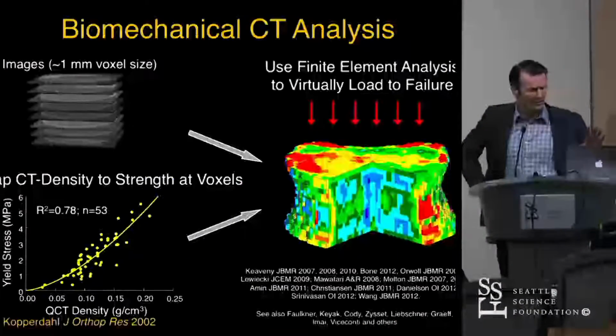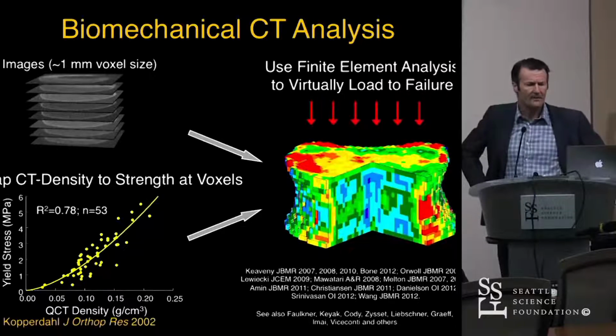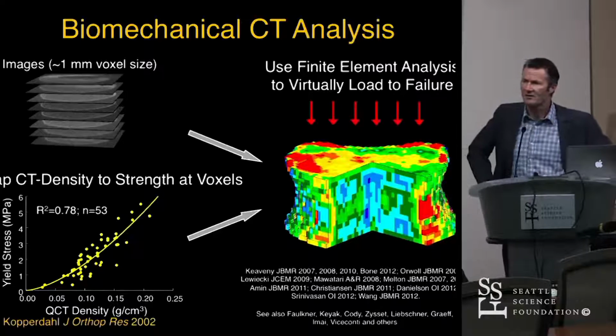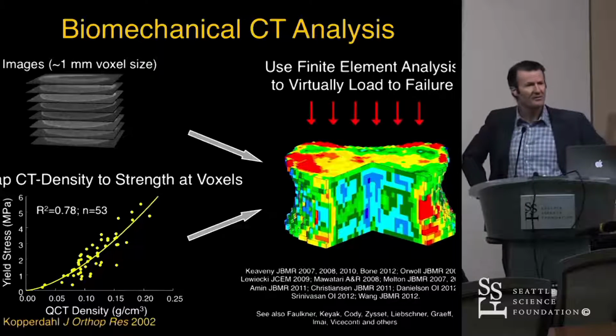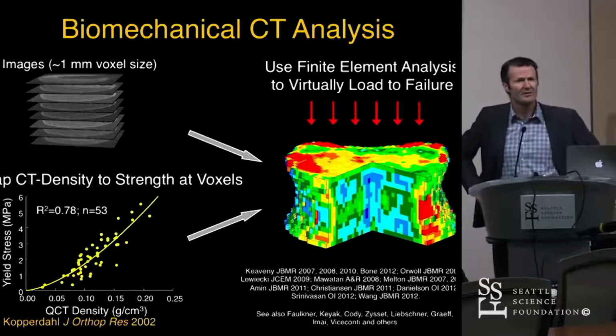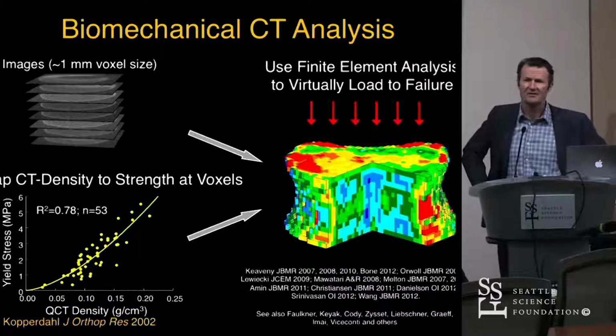So we have developed abilities to use ordinary CT scans to assess some of that biomechanical behavior. It was a surprise to us when we did this initial work in the early 2000s that the clinical resolution CT scans actually worked for this, because obviously they don't have the spatial resolution to describe individual trabeculae. But there's enough information there that they pick up the dominant biomechanics.